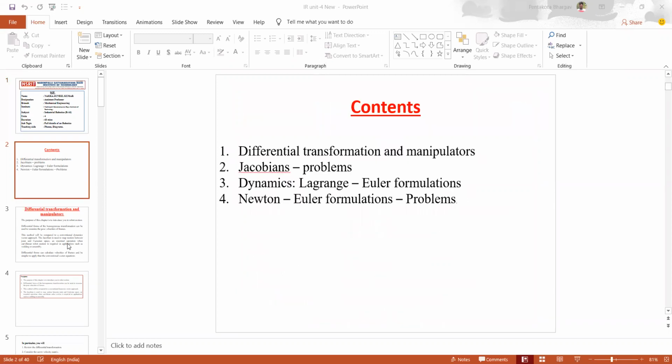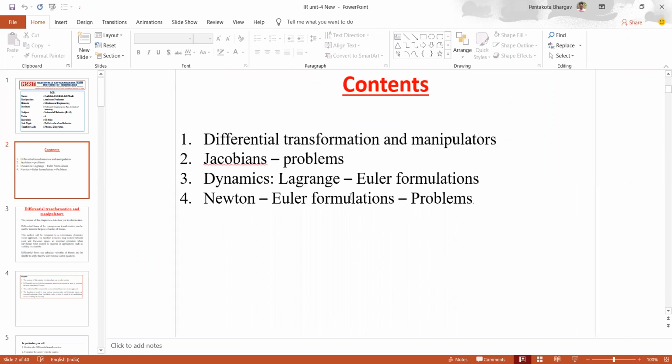Okay, here are the contents. What are the contents of Unit 4? Here, the differential transformation. In this we discuss the differential transformation: one is partial differentiation and one is full differentiation. Here, what is the derivative?